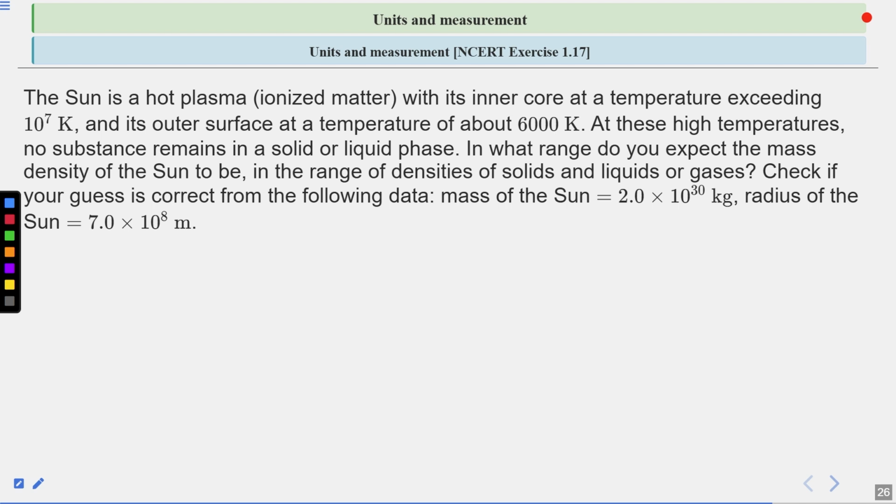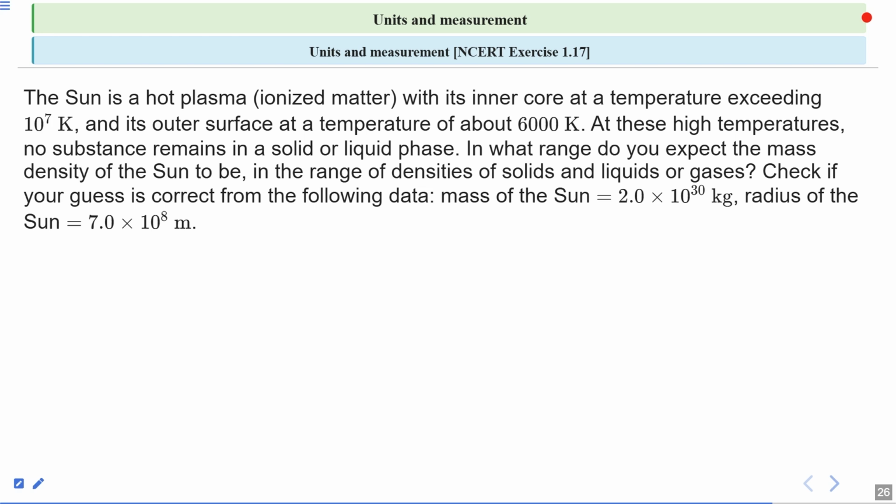Okay, 1.17, right? This is the last question, I think. The sun is a hot plasma, ionized matter, with its inner core at a temperature exceeding 10 raised to 7 Kelvin, and its outer surface at a temperature about 6000 Kelvin.